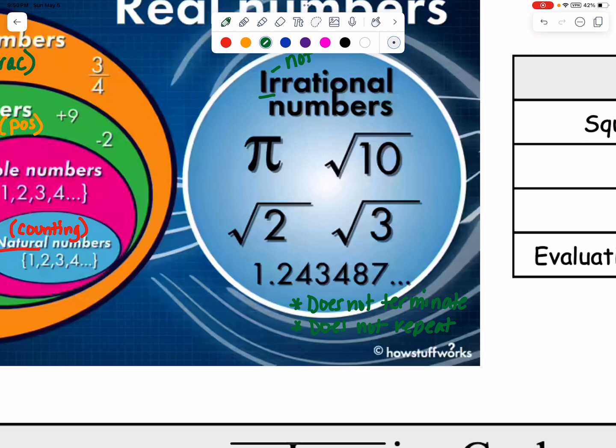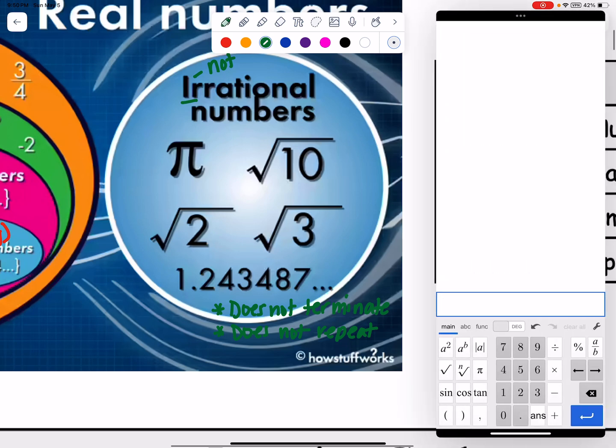Square root of 2, square root of 3, 10. Also some things like imaginary numbers that you'll learn about later, or the letter E that represents a number. All those are irrational numbers. Okay, now be careful with your calculator.